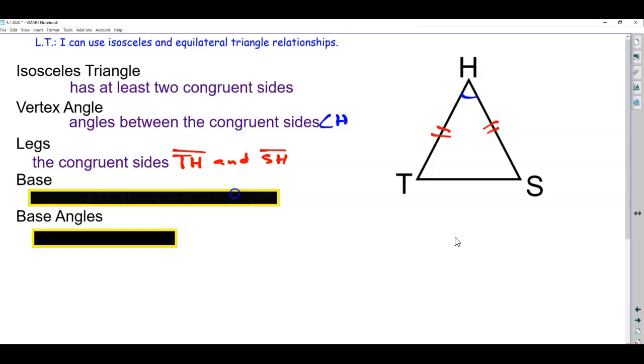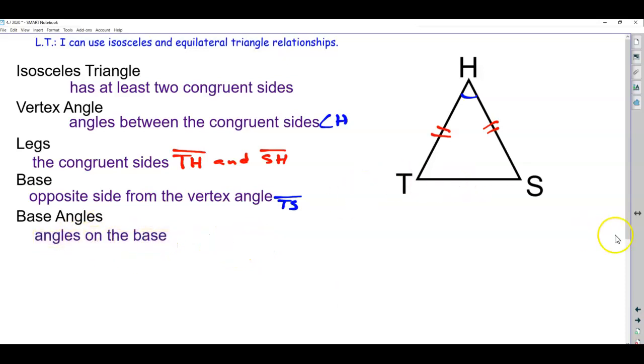We have to kind of get rid of that terminology. In this case, the base is the opposite side from the vertex angle. So remember, I can flip this triangle any way I want to, but the side opposite the vertex angle is TS.